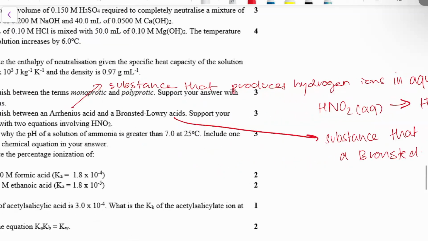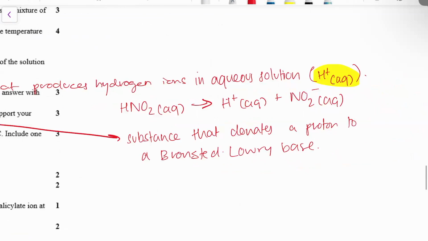So for your second equation, HNO2, now we don't get given enough information to be told if this is a weak Bronsted-Lowry acid or a strong Bronsted-Lowry acid. However, you can do a single arrow of this and you wouldn't lose marks for it, but hopefully you recognize HNO2 is actually a weak acid.